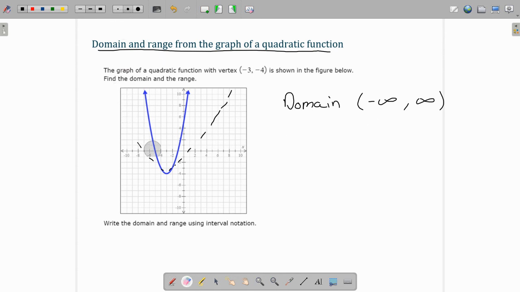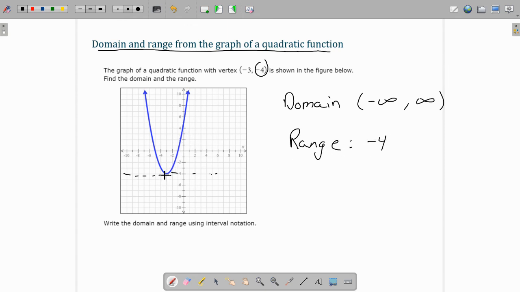Now, the range is where you have to think a little bit. Okay, so this opens up. So the bottom of our range is, because it opens up, the bottom is this y value right here, -4. So the range is, the lowest number is -4.